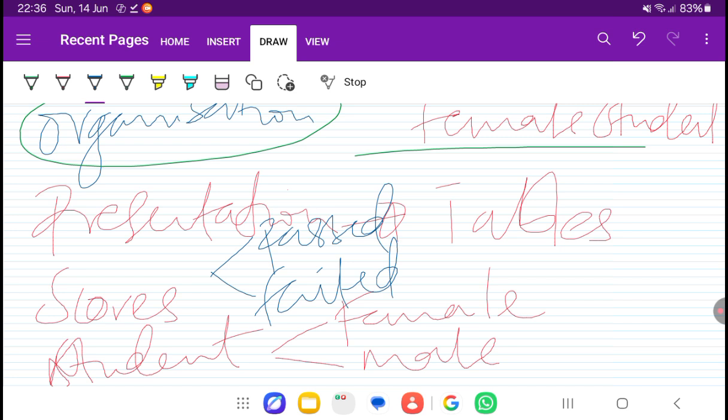And someone may want to go ahead and do a deeper analysis that even those who have passed, how have they passed? Because you can say, okay, I'm going to categorize those who have got maybe 50 to 60, because as long as someone has above 50 has passed. But I want to know who are those people who may have passed with, let's say, 80 plus or 70 plus or 60 plus.